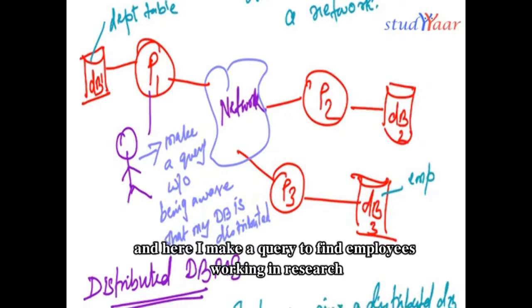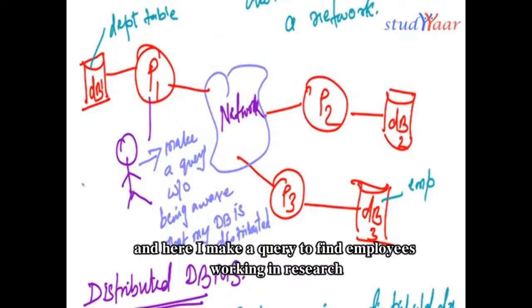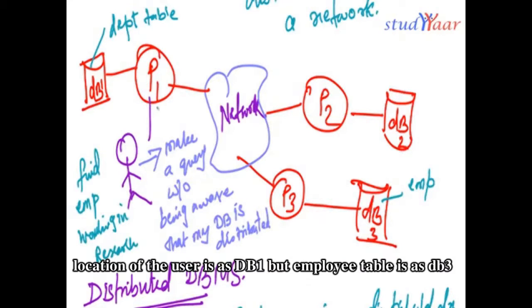Here I make a query: find employees working in research. My user actually doesn't know that the employee table is not at this particular location. Although the user is at P1, the employee table is at P3.